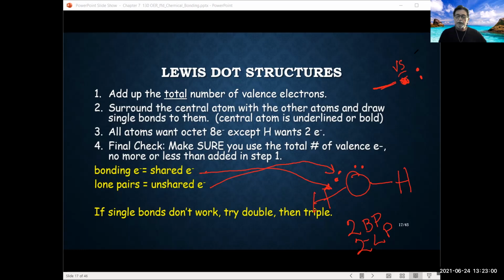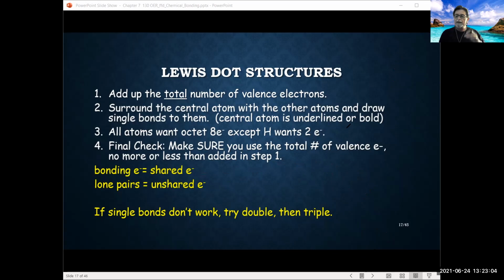Now, given the number of valence electrons that we have to work with, once we put the preliminary structure together and everything is bonded, and we count our valence electrons, if the octet is not fulfilled, then we start creating, with the valence electrons that we have, double bonds and triple bonds.